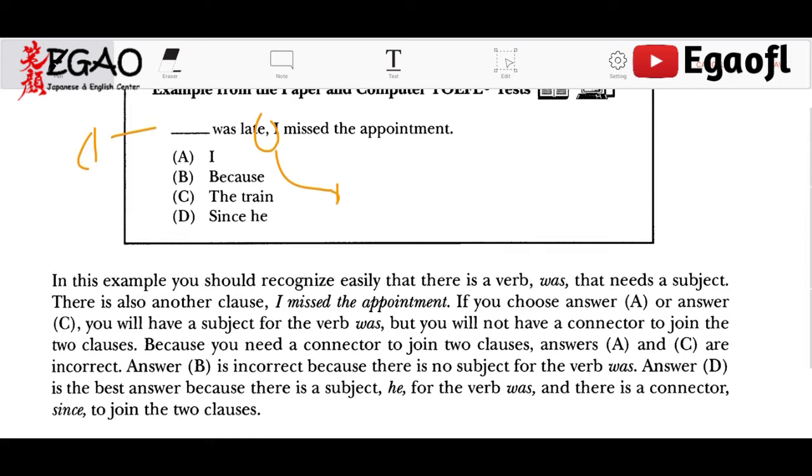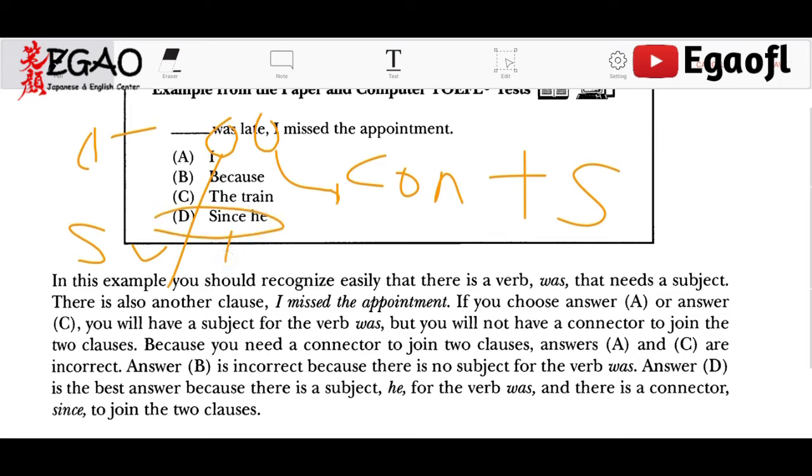In this space, after the space, there is was, which is the verb. Okay, so before the verb, we need to put a subject actually. So this means that in this sentence you need a connector and also the subject. So which one? Great, it should be D, since as the connector and he as the subject.